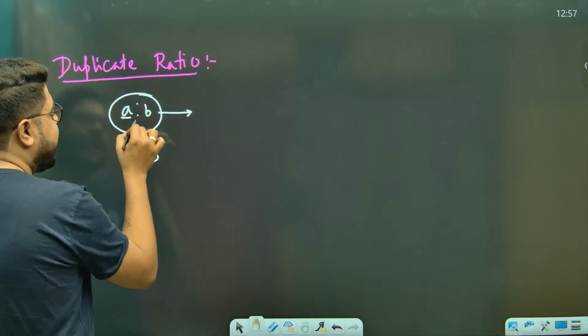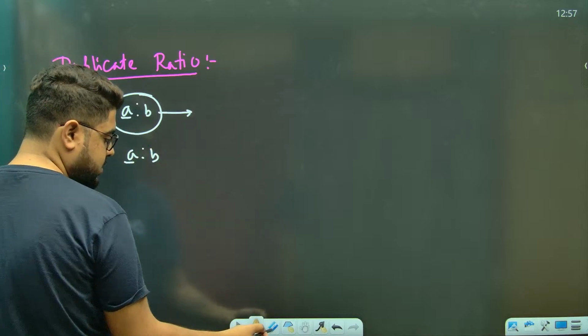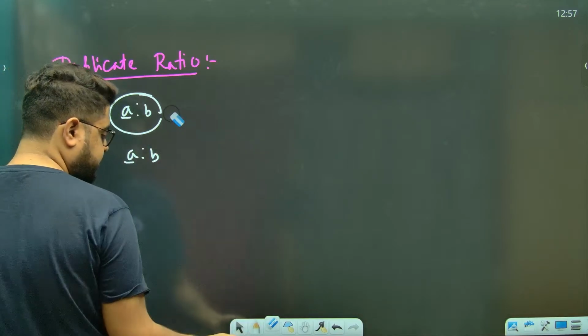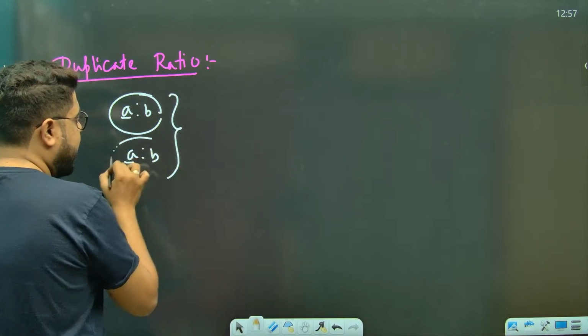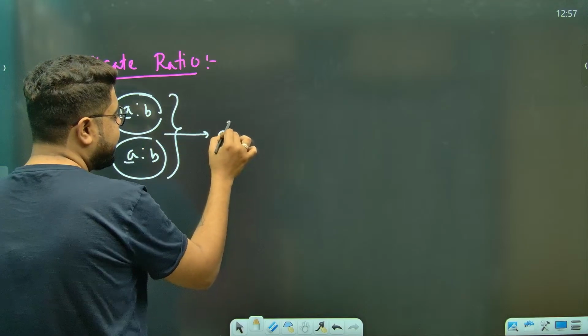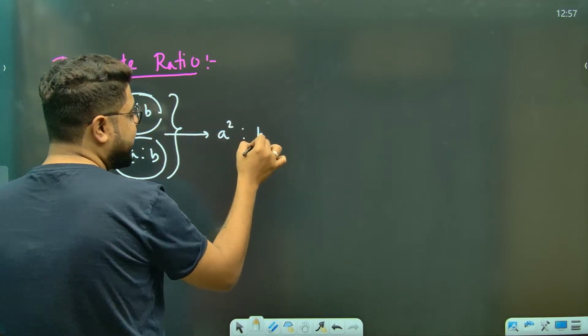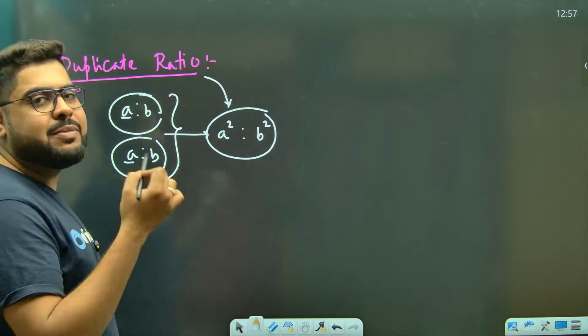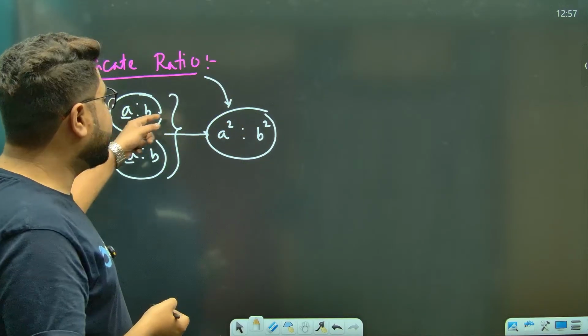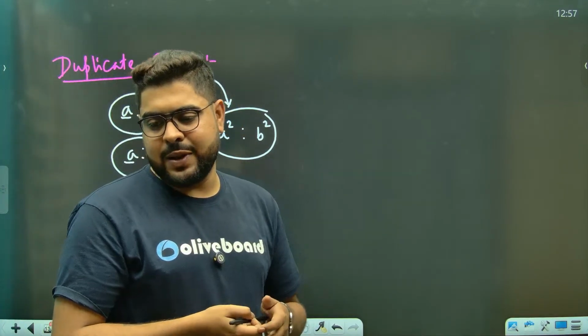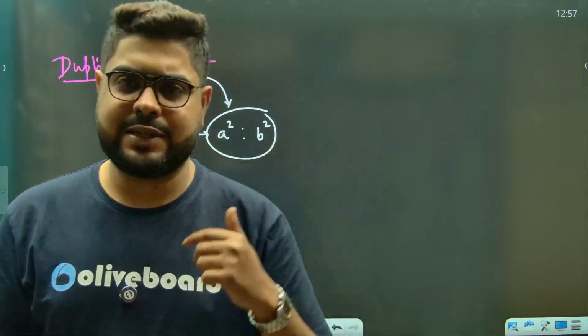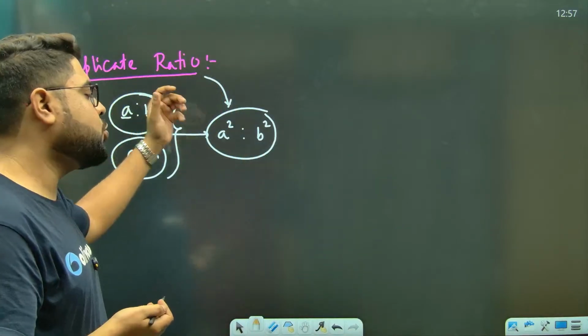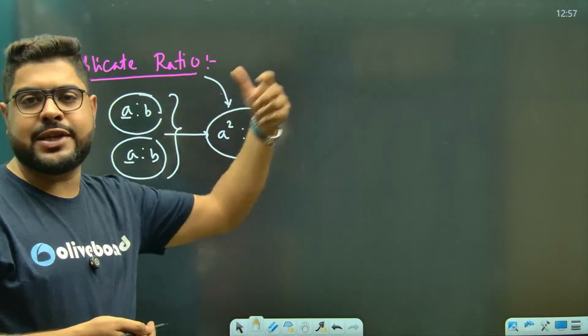What will happen, sir? A into A will become A square, B into B will become B square. So that's duplicate. Everybody remembers it. A ratio B, duplicate will be square. Duplicate ratio is the square of this. So 2 ratio 3, 2 square ratio 3 square.